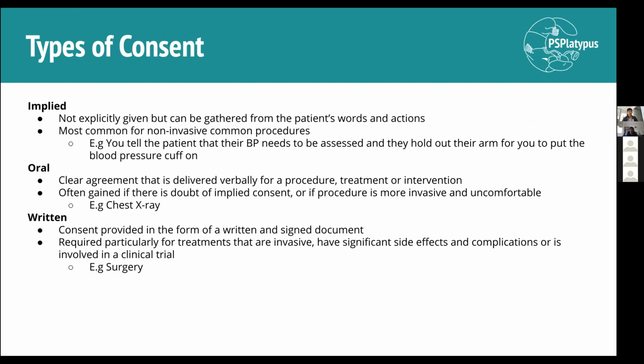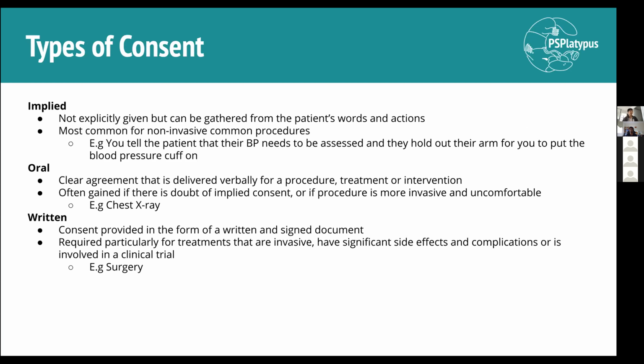The three types of consent are implied, oral, and written. Implied is basically not explicitly given, but the patient's words or actions show that they are consenting. For example, if you tell a patient you're going to do a blood pressure test and they hold their arm out for you to put on a blood pressure cuff, you can assume that they have given implied consent.